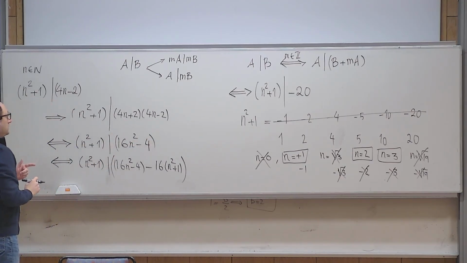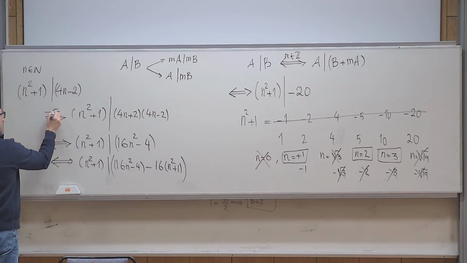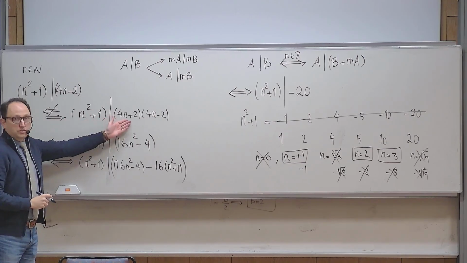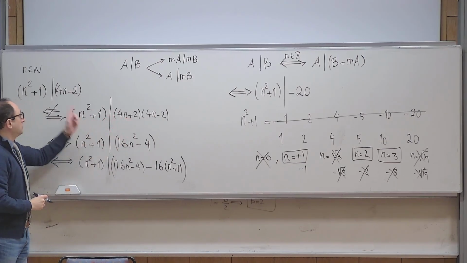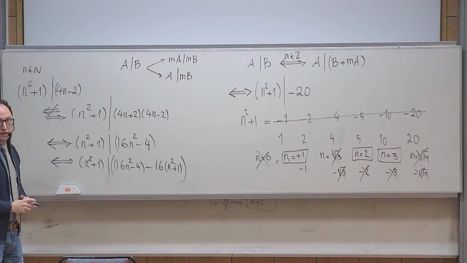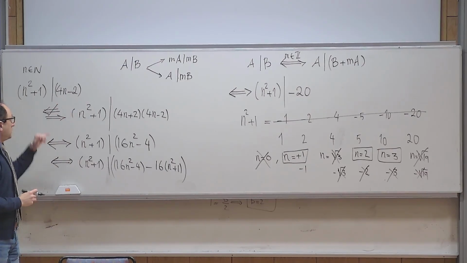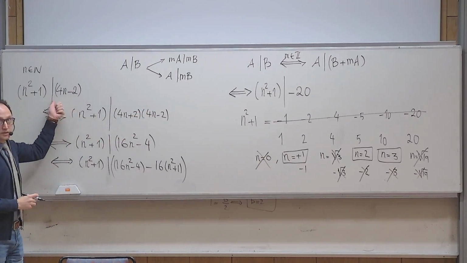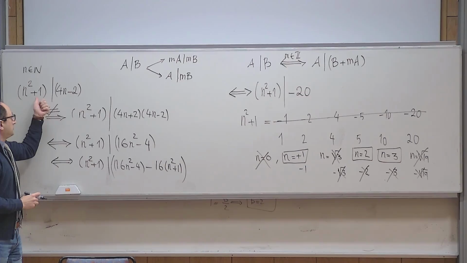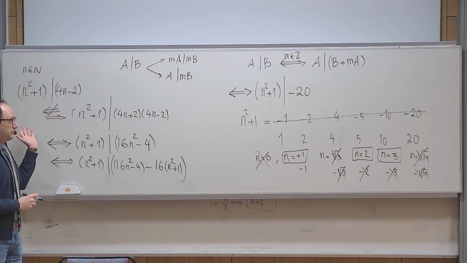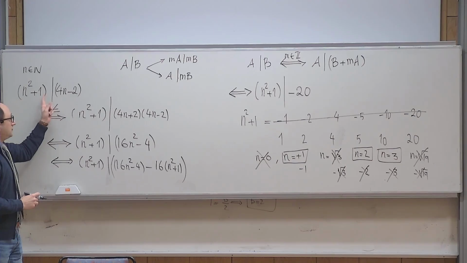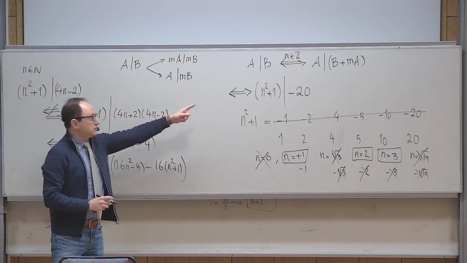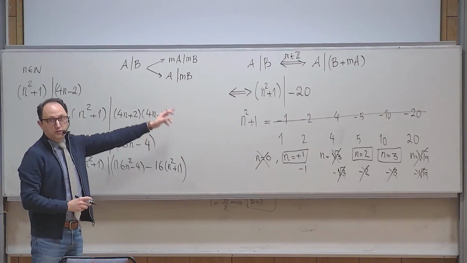But the point is that this one is not reversible. So if I grant you this, you cannot jump and conclude that this one has to be true as well. Because of this arrow not being reversible, the last statement there and the first statement that I want to solve for n are not equivalent. But whenever this is true, that one is also true, because in that direction it was logical.